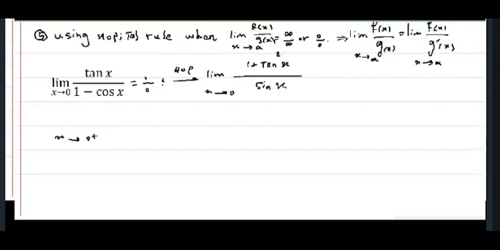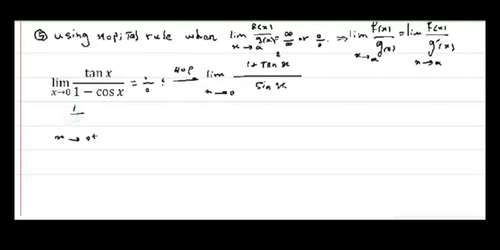So the sine is 0 positive and the numerator is 1, so we have 1 over 0 positive, which is equal to positive infinity. And when x approaches 0 from the left side, we are in the fourth quadrant, so the sine is negative because it's below 0.